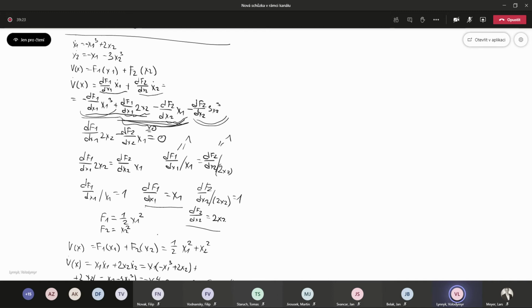Yes, these both terms eliminate, it's equal to 0. Now it's equal to minus x1 to the 4th degree minus 6x2 to the 4th degree, and it's less than 0 for all x1, x2 not equal to 0. Any question?